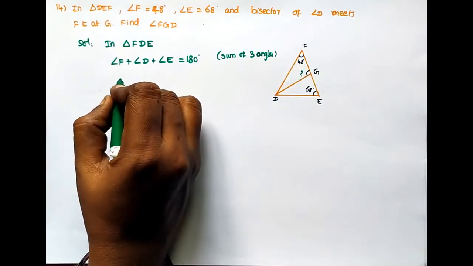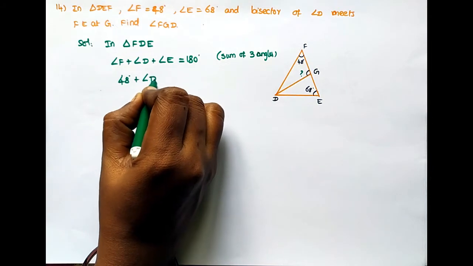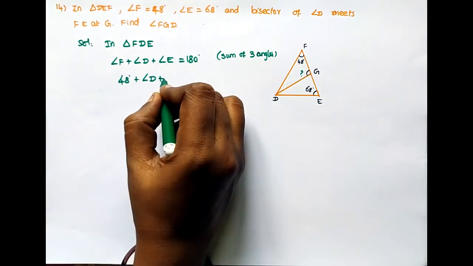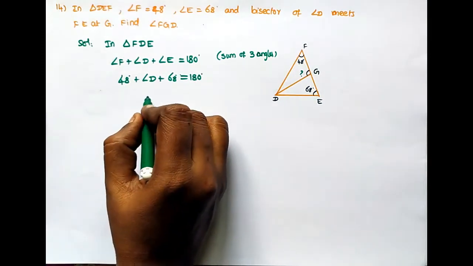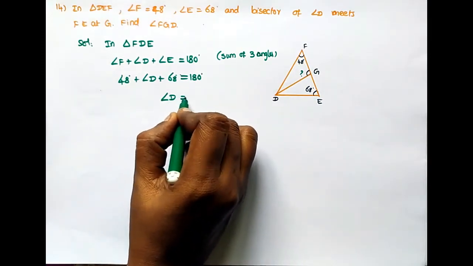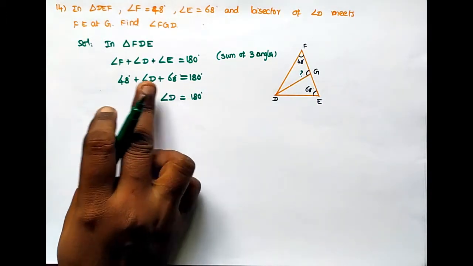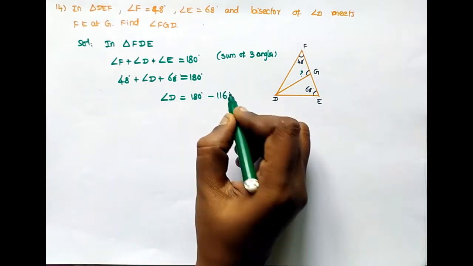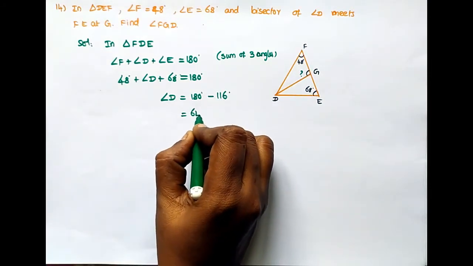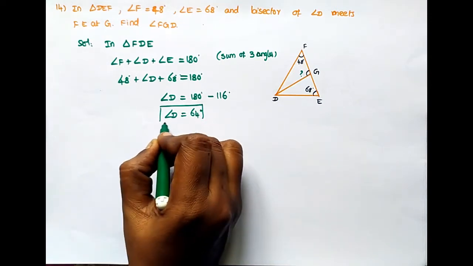Angle F we know is 48 degrees, angle D we don't know, angle E is 68 degrees, equals 180 degrees. So angle D equals 180 degrees minus 48 plus 68, that is 116. So that is 64 degrees. Angle D equals 64 degrees.